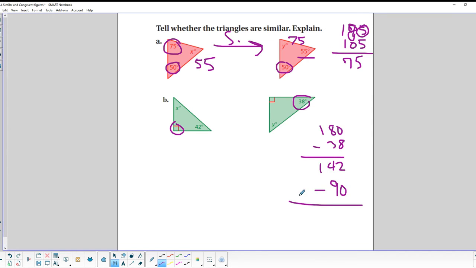And when we subtract 142 minus 90, we get 52. So this is going to be 52 degrees. Okay, so if we look at this triangle, that's a 42-degree angle, and 90. These are not similar. They don't have the same angles all the way around, so not similar.